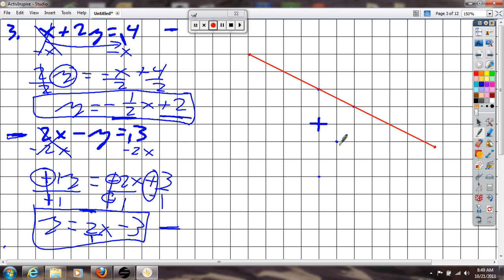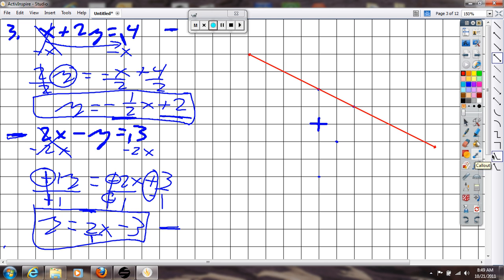Slope is 2 up, 1 over. Top number's up or down, bottom number's across. So I have 2 points down here underneath, and I need to draw my line for that. Then I'll extend it here and make it go through the 2 points.